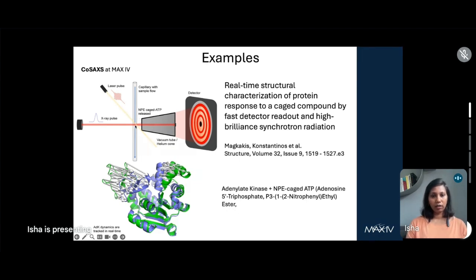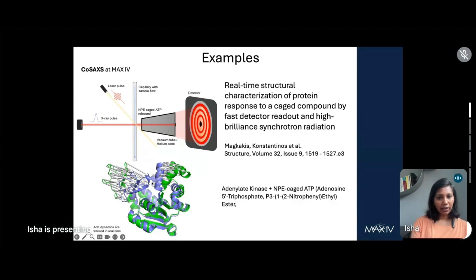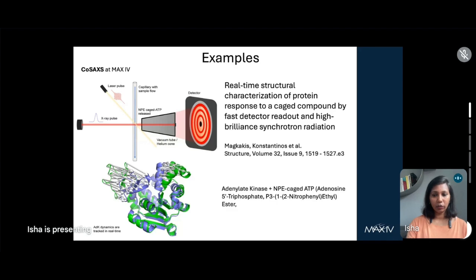When a laser pulse illuminates the sample, the ATP is released, and then you can see how adenylate kinase is interacting with ATP in real time. You take a picture on the detector, and you see these white arrows and the blue and green structures. That is how the protein has moved in the presence of ATP. So you get real-time data about how a reaction is progressing.